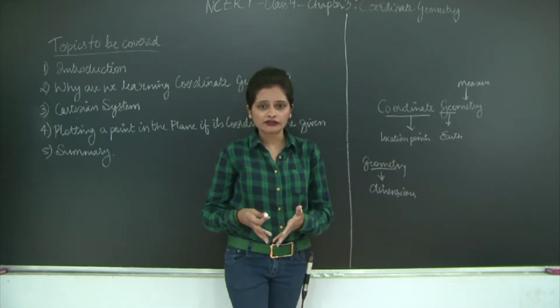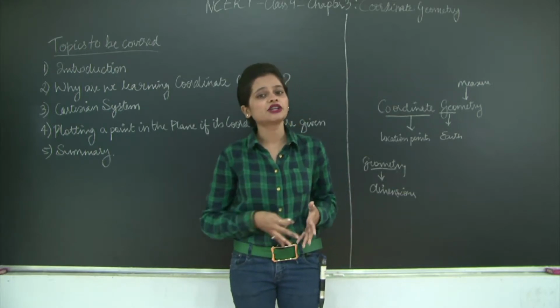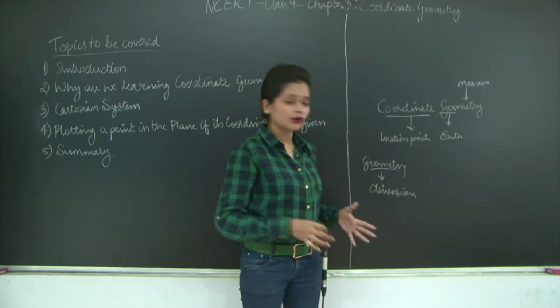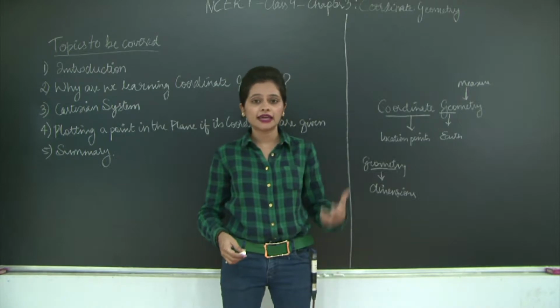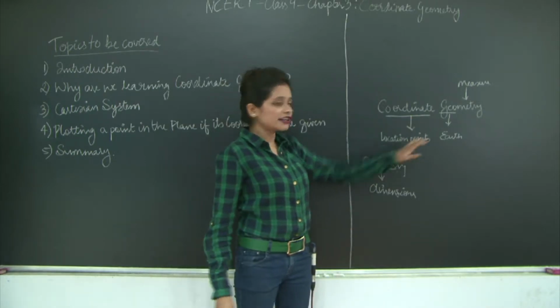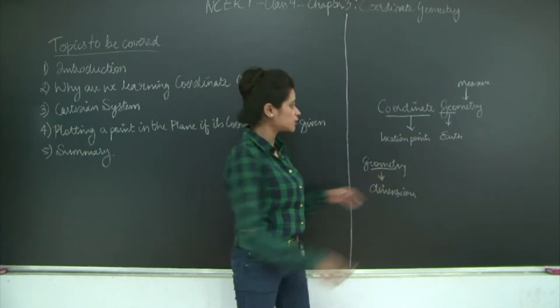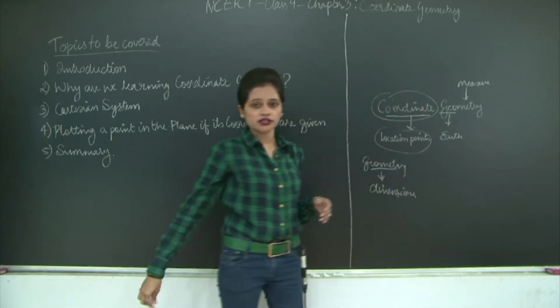I'm not sure whether you have it right now, but you will have it in your future classes. Now everything is clubbed into your textbooks. So geometry is just going to help you find the dimensions using which you can find the volume or the area. However, coordinate geometry will give you not just the dimension but also location points. So here the term location points is very important.